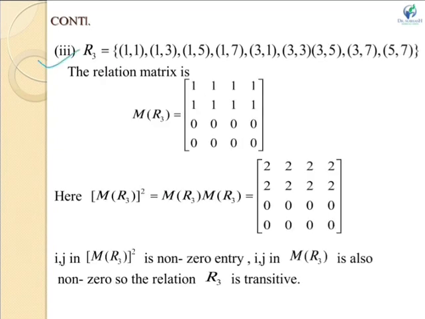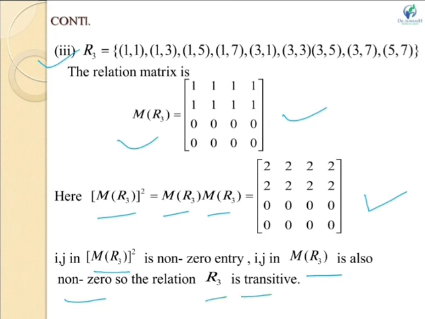Now next set is R3. First we have constructed the relation matrix, MR3. Now here MR3 square, that is if I multiply MR3 with the same matrix, then I get a matrix with some entries equal to 2 and the rest of the elements 0. Wherever Mij in MR3 square is a non-zero entry, Mij in MR3 is also non-zero entry, so R3 is transitive.